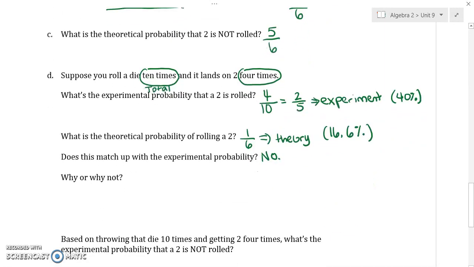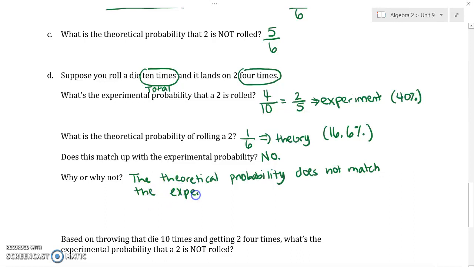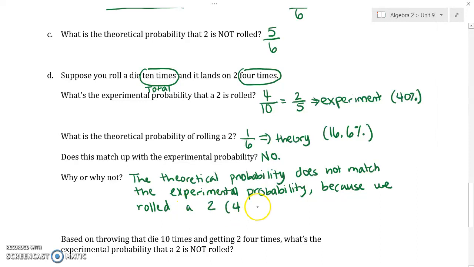Well, the reason is the theoretical probability does not match the experimental probability, because we rolled a 2 4 times out of 10, increasing our chances.